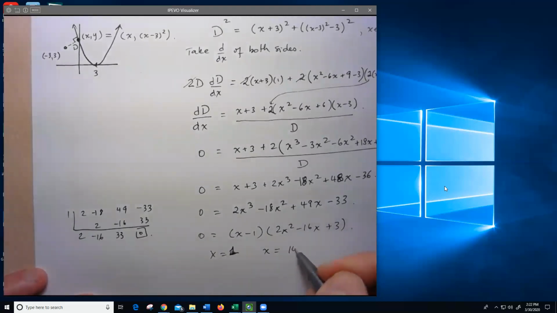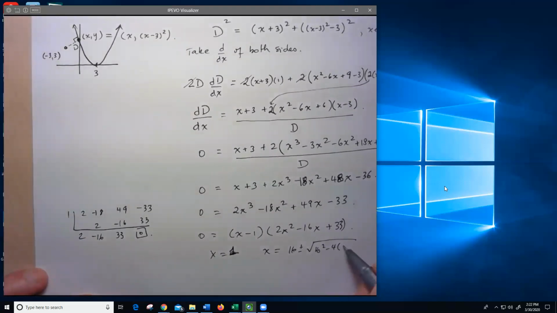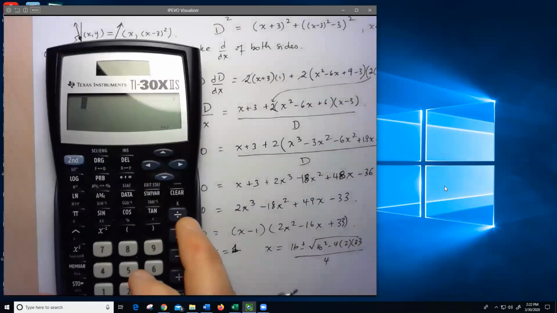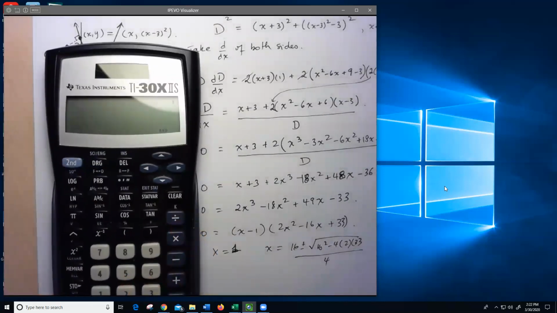So we have 16 plus or minus the square root of 16 squared minus 4 times 2 times 33, all over 4. And let's see what happens when we calculate the discriminant.